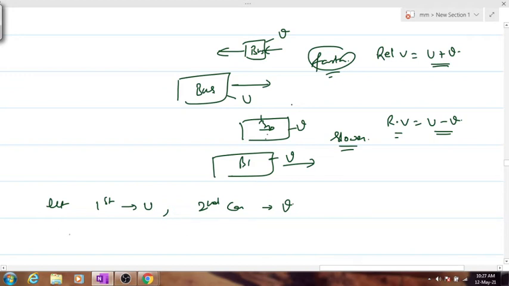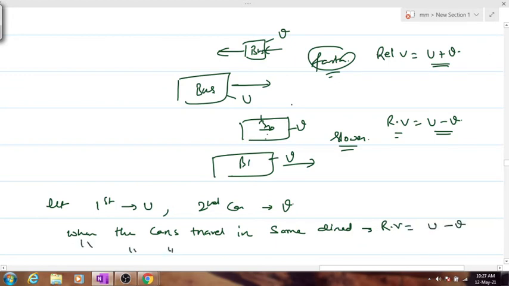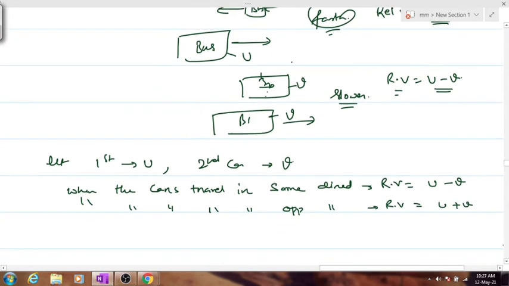Therefore when the cars travel in the same direction, what will be the relative velocity? U minus v. And when the cars travel in opposite direction, what will be the relative velocity? U plus v. Is this much clear?